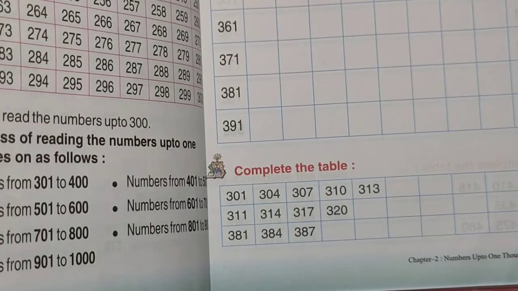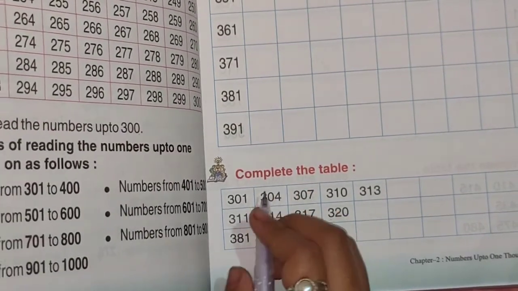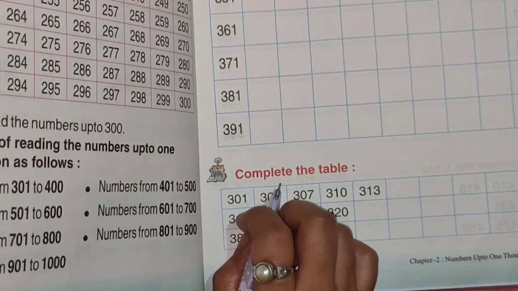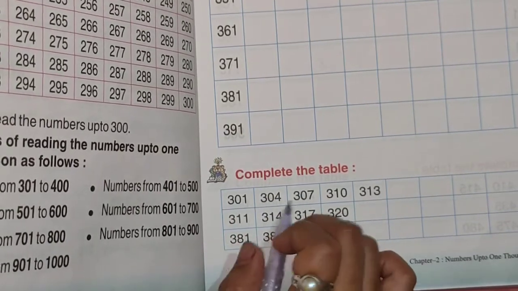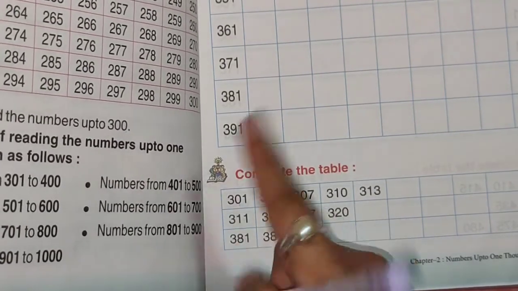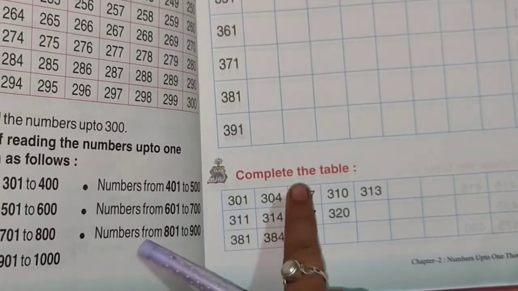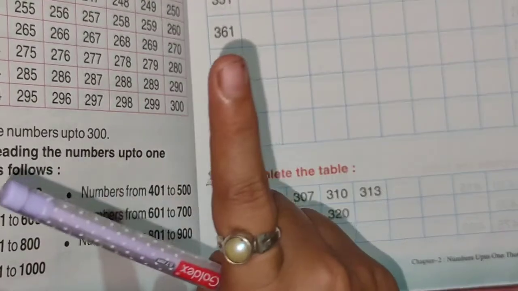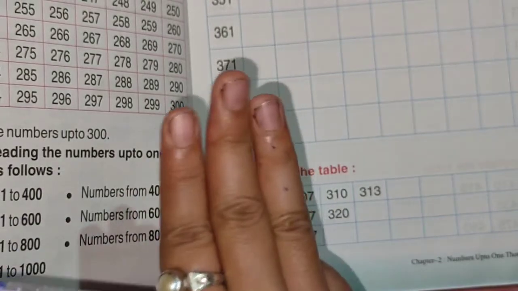So here 3 numbers are skipped. So we need to count by 3s. We will write the numbers skipping 3 numbers each time. 301, 304, then 305, 6, 7. So after 304, 307. So after 307, 308, 309, 310.